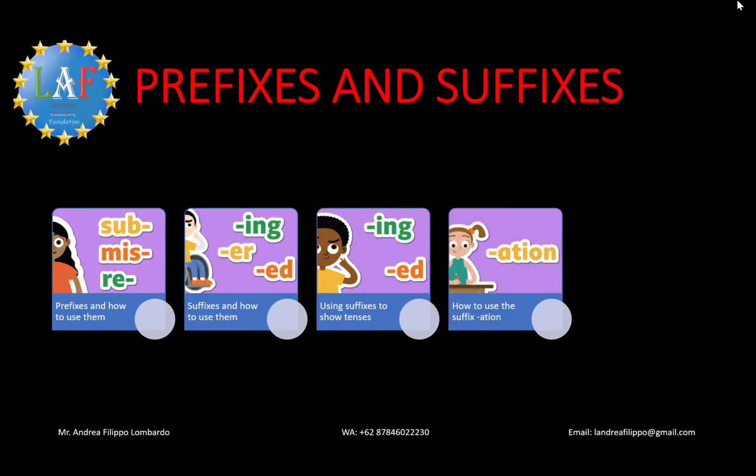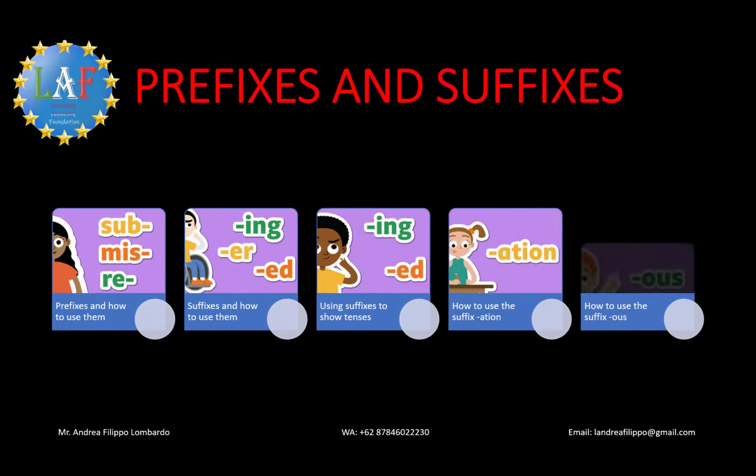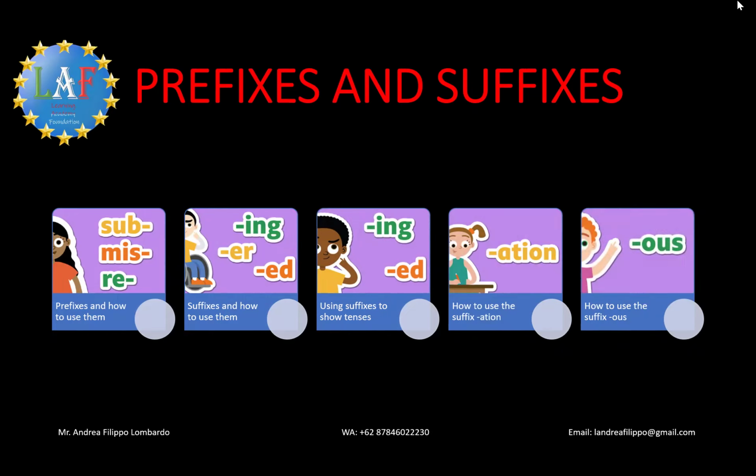They will find out what happens when they add the suffix "ation" to the end of a word, and when they add the suffix "ous" to the end of a word.